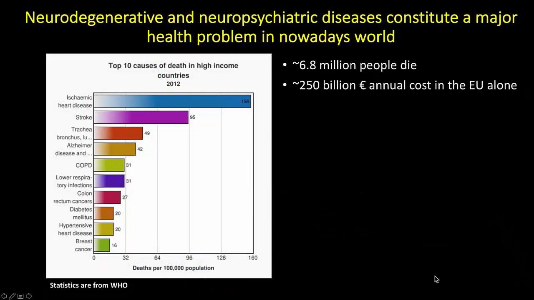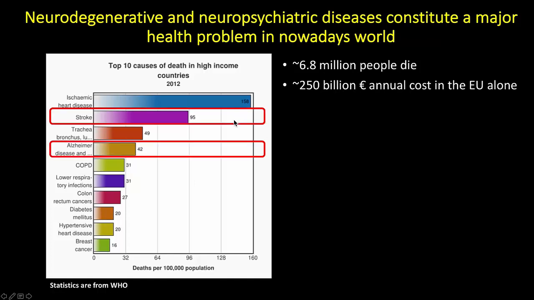Neurological diseases are a major health problem, especially in developed countries. For example, stroke and dementia alone represent one third of all deaths in high-income countries. Annually, about 7 million people die from neurodegenerative diseases.